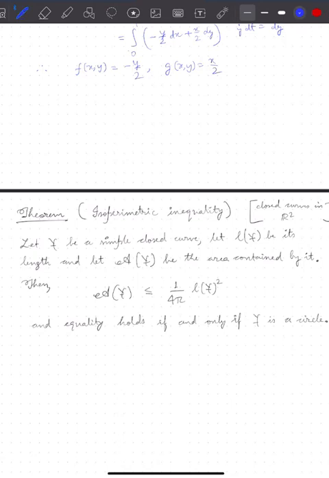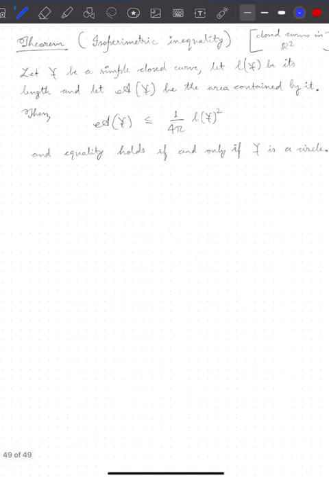We can even look at the if and only if part. L of gamma vector for a circle of radius r is 2 pi r, and A of gamma vector for the circle of radius r is pi r squared.